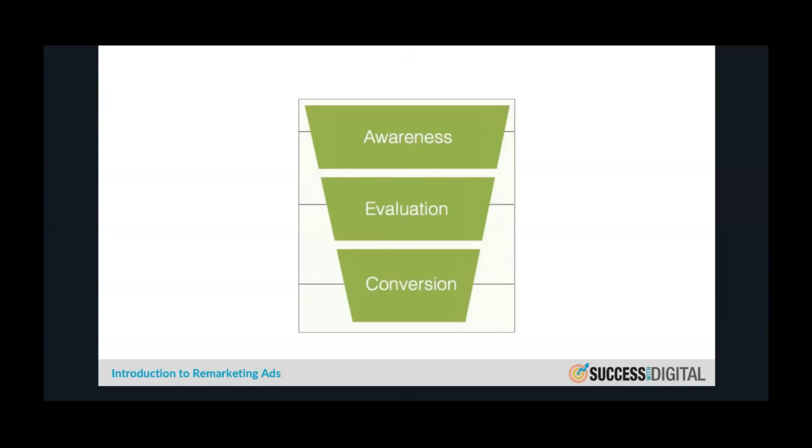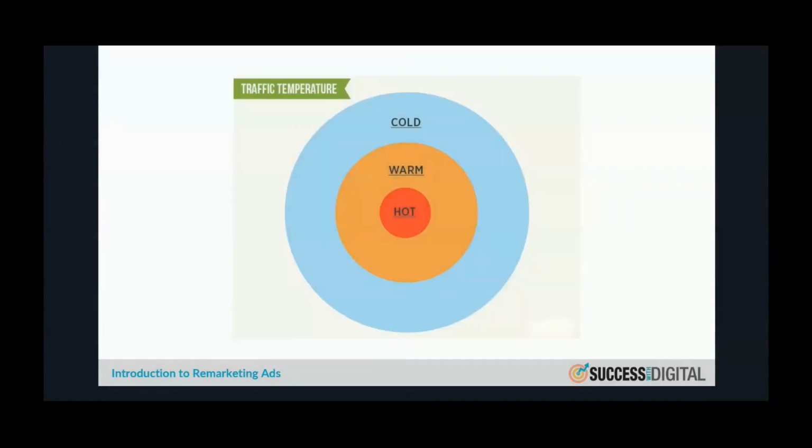Another way to think of a sales funnel in terms of traffic is traffic temperature. People that don't know about you would be considered cold traffic. And then there's the people that have had some sort of engagement with you. They know about you, but they haven't converted yet. That is considered warm traffic.